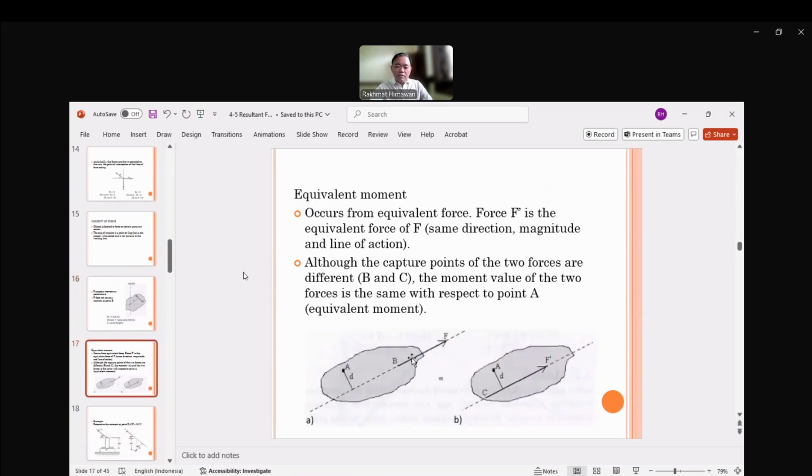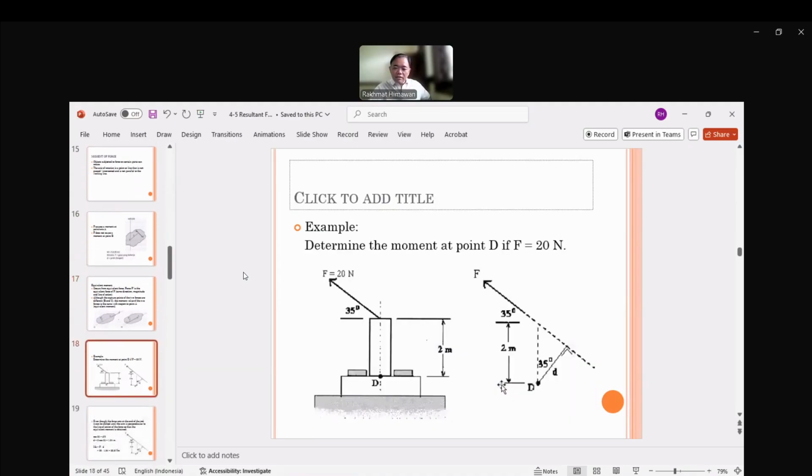So this is the moment, and if we have the transmissibility principle, we can move F from here to here. And also here we can move the F from here and find out what the distance is. The distance from F to D has to be perpendicular.